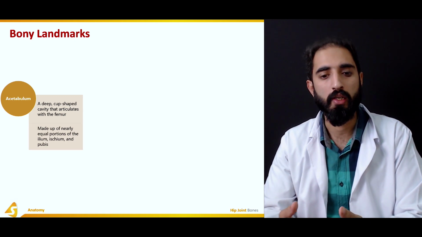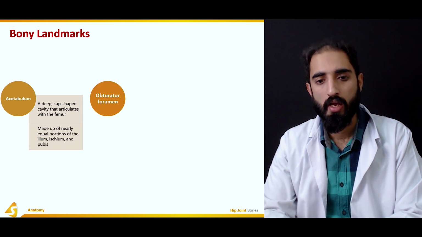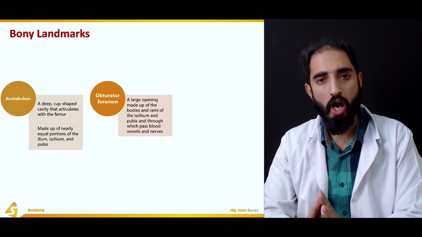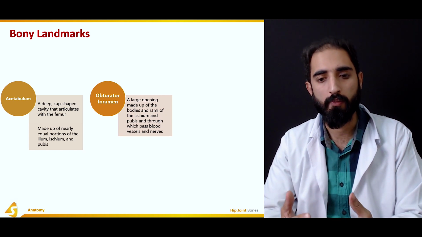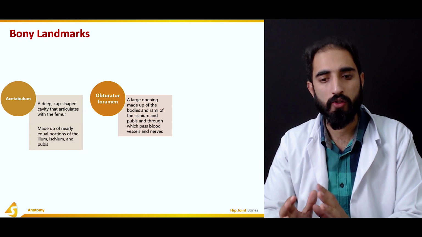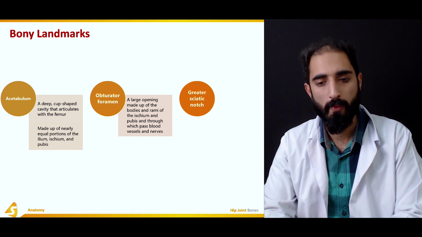It is made up of nearly equal portions of the ilium, ischium and pubis. Now the obturator foramen is another structure. It is a large opening made up of the bodies of the rami of the ischium and pubis, through which different blood vessels and nerves pass.